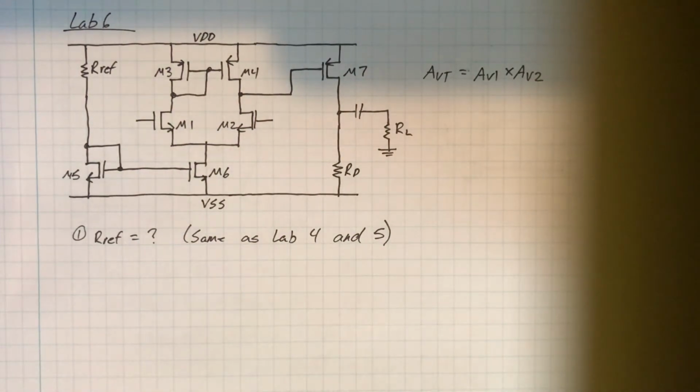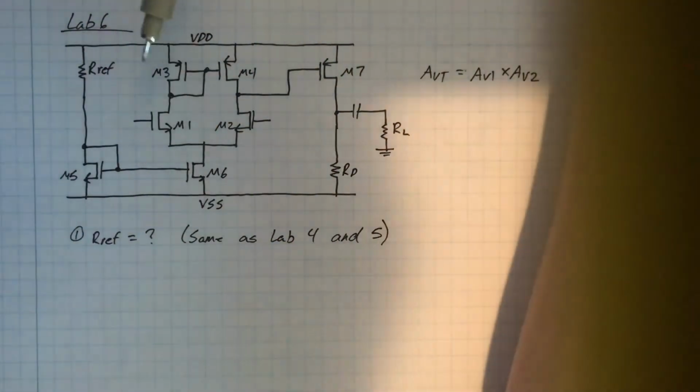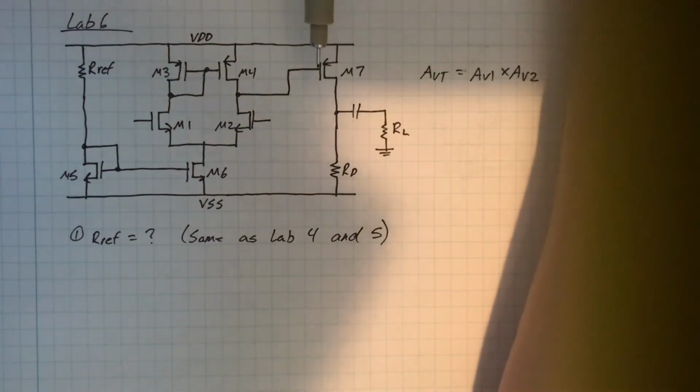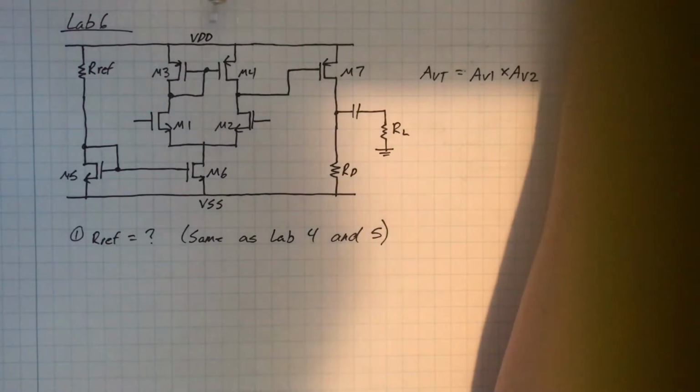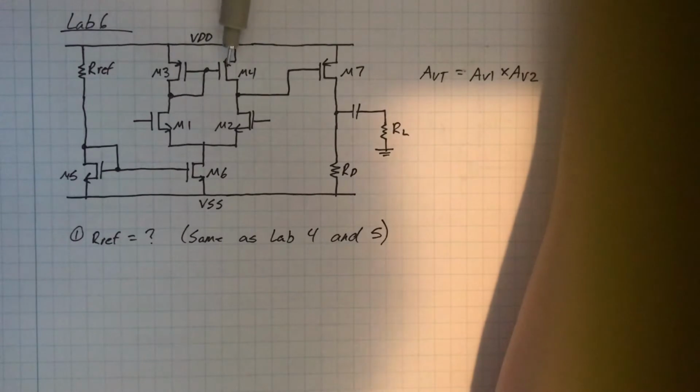The next part is to determine the current flowing through M7 and RD. This might take a little bit of thinking, but keep in mind that M3, M4, M7 are all PMOS. They all have the same W/L, KP prime. If everything is matched well between M3 and M4, then VGS and VDS will be the same.